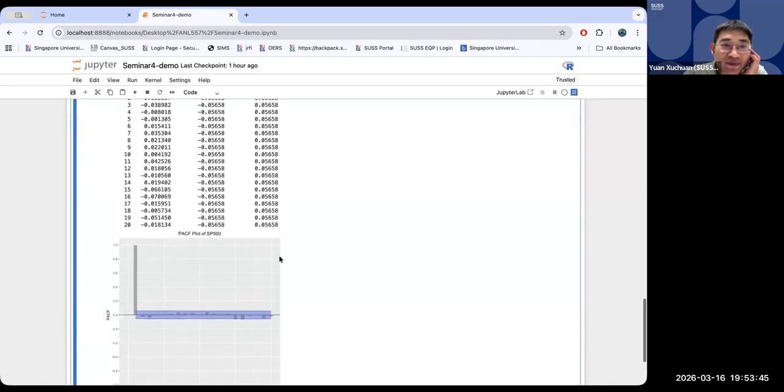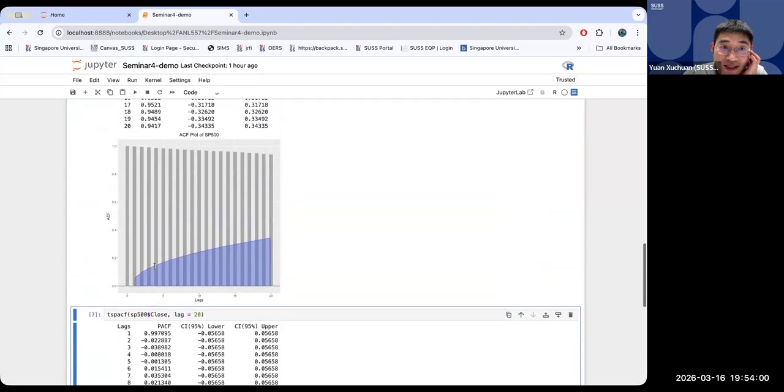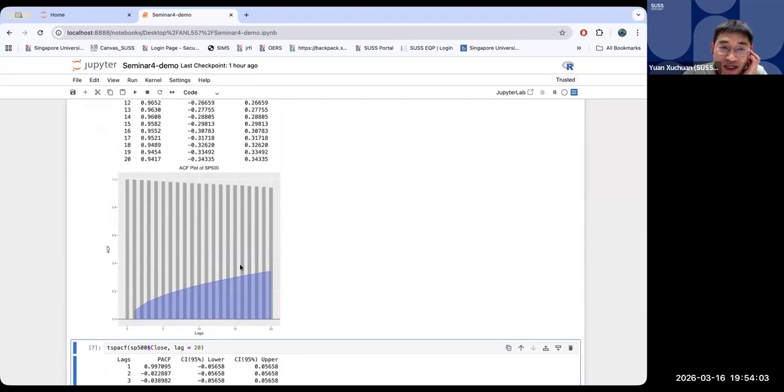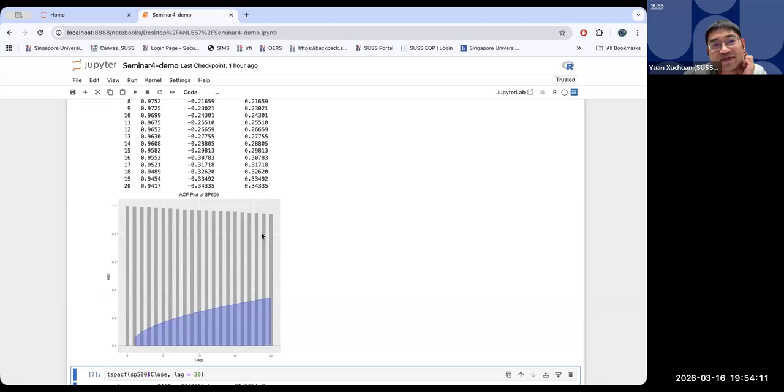And so for this time series, you can consider using an AR(1) model, because for an AR(p) model, the PACF will have a cutoff after lag p, while the ACF will decrease. Here, actually, if you look at this ACF, it's still not decreasing exponentially.